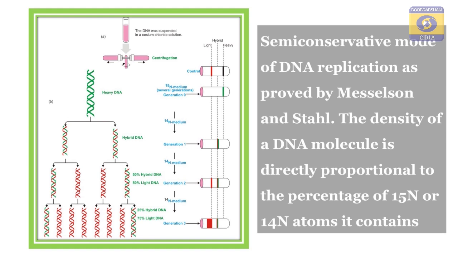Out of 4 DNA molecules in 4 cells, 2 would be completely light DNA and 2 would be intermediate. So heavy DNA does not appear in the second generation, only intermediate or hybrid DNA and light DNA.